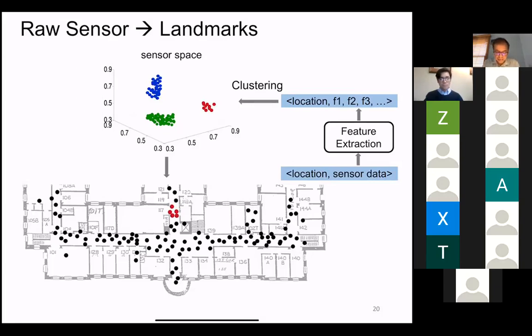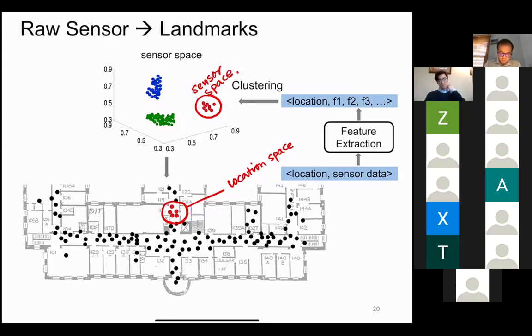And you check if this cluster in the sensor space also is a cluster in the location space. Does that make sense?